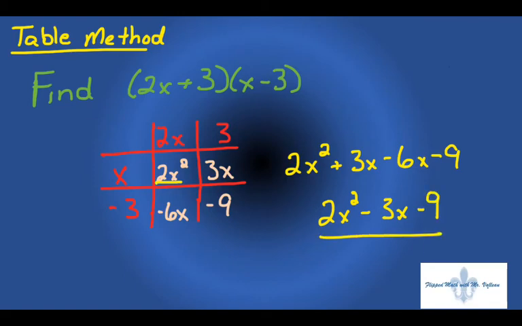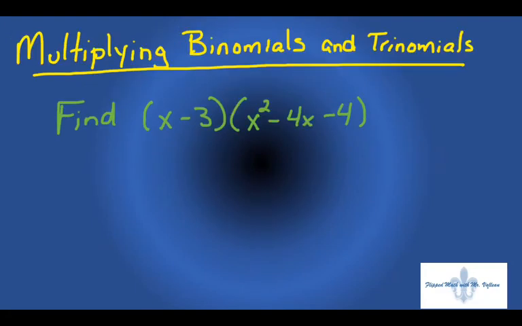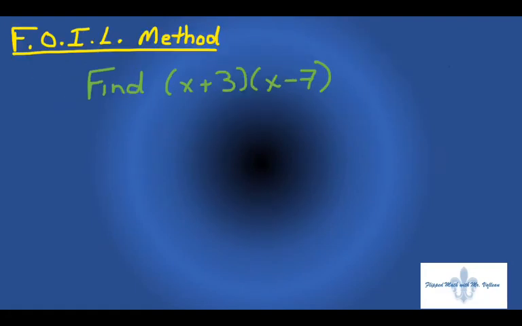Again, we have multiplied our polynomial, and this time we used the table method. The final method we're going to take a look at is the FOIL method. This is very much like the distributive property, we just talk about it a little differently, and it allows us to work, in some cases, more quickly through our multiplication of polynomials.